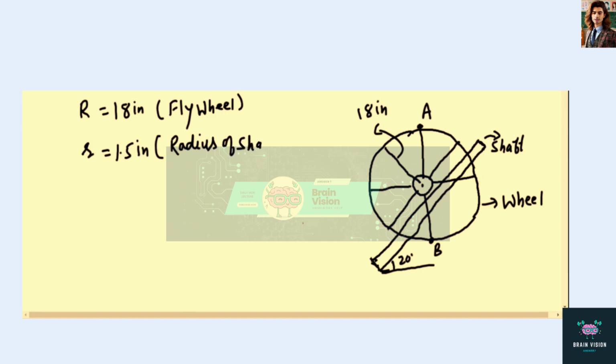Both are attached together rigidly, and the shaft rolls along, parallel to the rails.